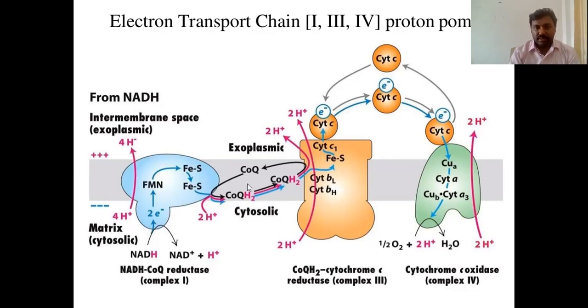Here we have to remember the main important points: the transfer of electrons from complex 1 to complex 3, the transfer of electrons from complex 2 to complex 3, and the movement of hydrogen ions.